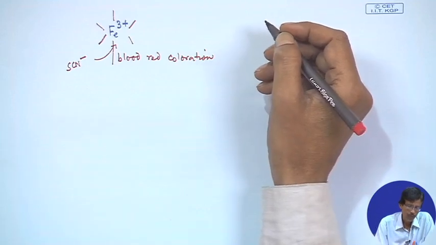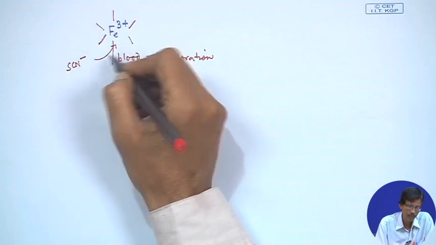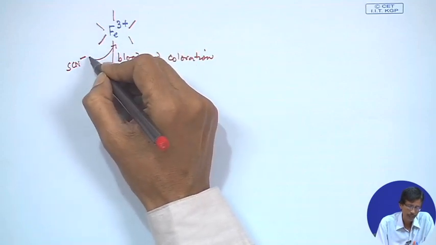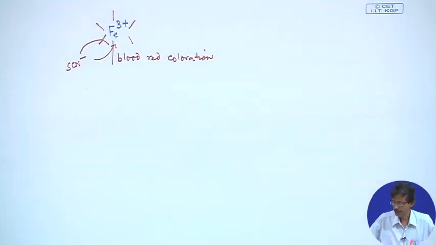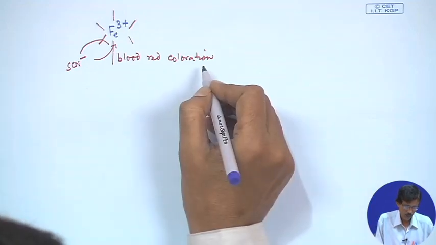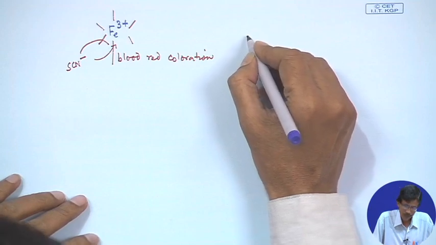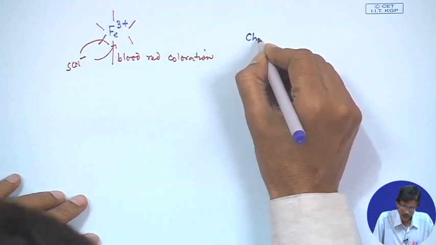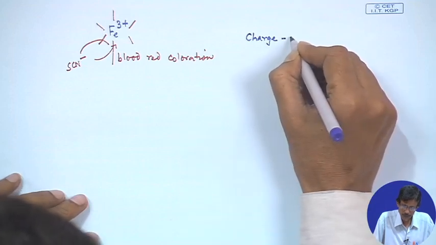Only one single replacement of that ligand can give rise to the corresponding blood red coloration and a very high epsilon value, and we consider this a charge transfer complex.